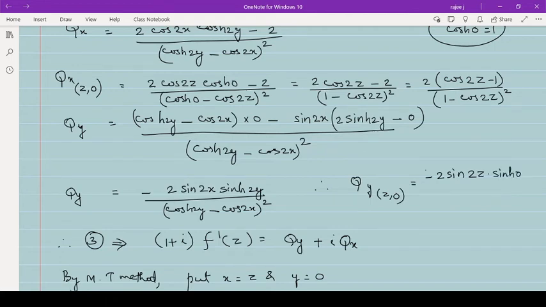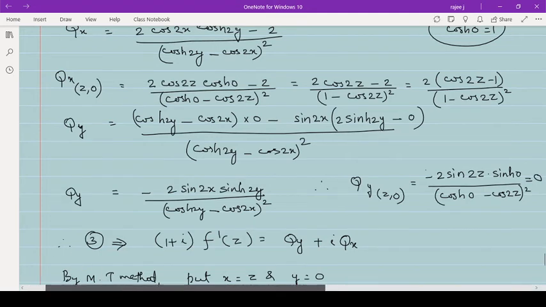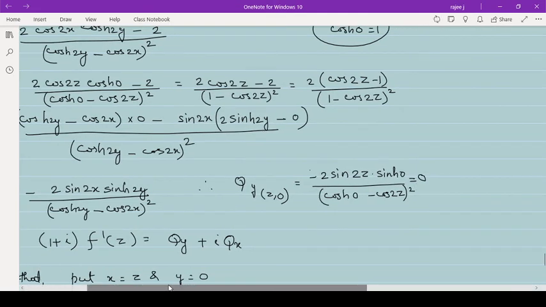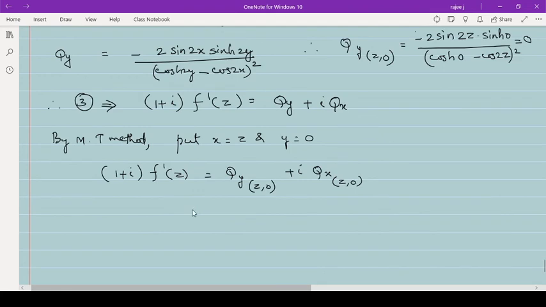This is going to be 0, because sinh 0 is 0, divided by this denominator square, cosh 2y minus cos 2z cosh 0 minus cos 2z the whole square. So this is 0 into something. So again the answer is going to be 0 only. So Qy at z0 we have 0.